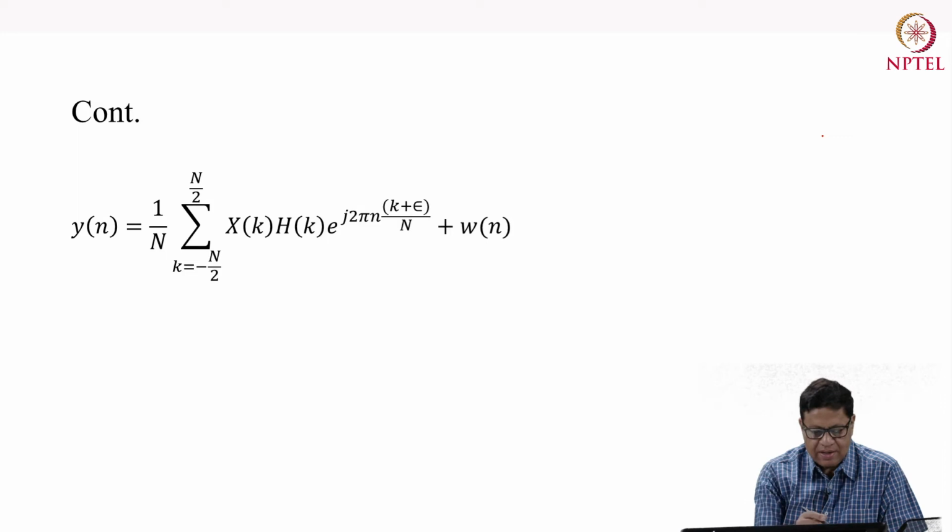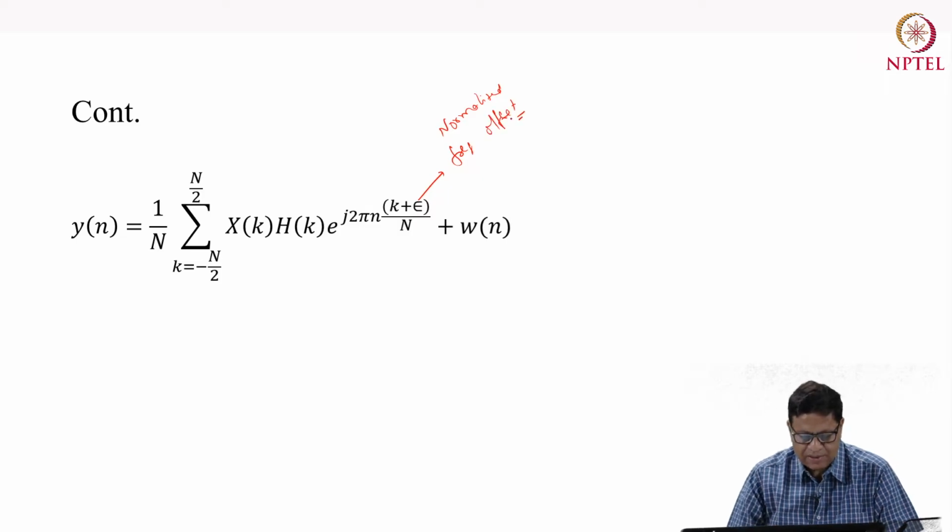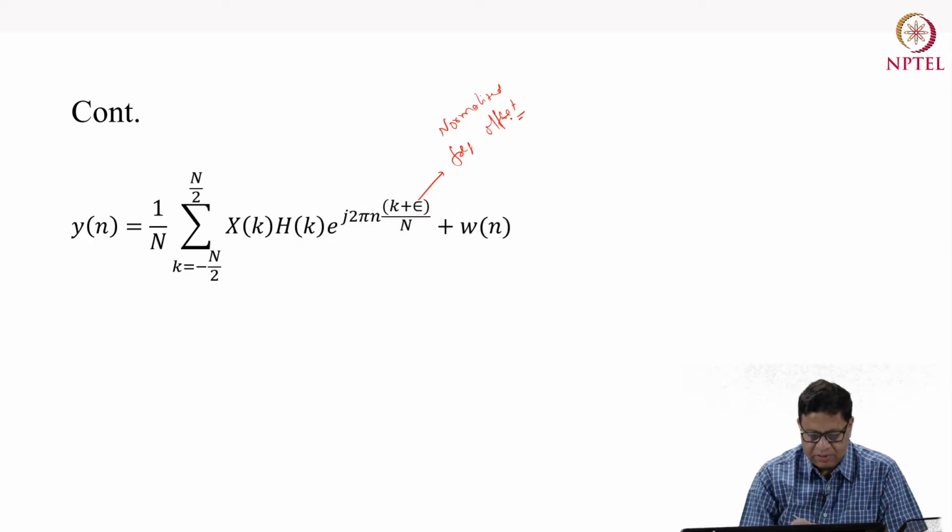So yn, the received sample, is given by the following in the presence of frequency offset, where epsilon is the normalized frequency offset. We have seen this when epsilon is 0, as we discussed in the OFDM lecture. So this is in the presence of normalized frequency offset.